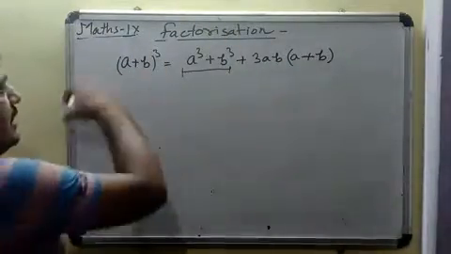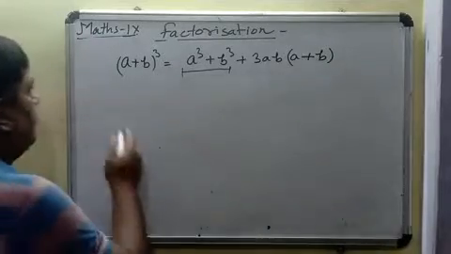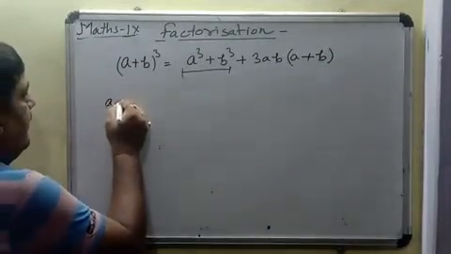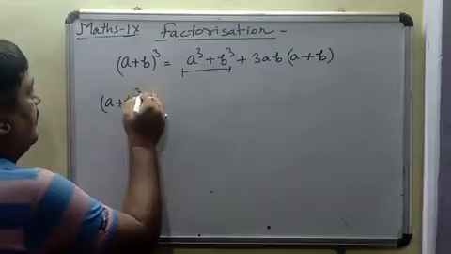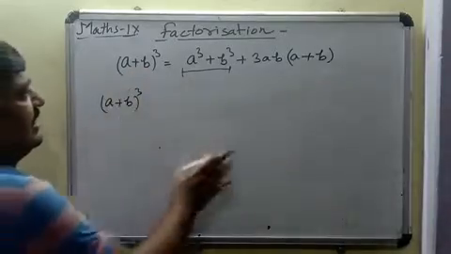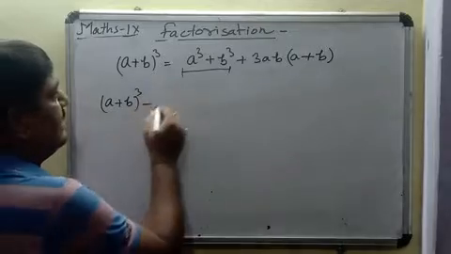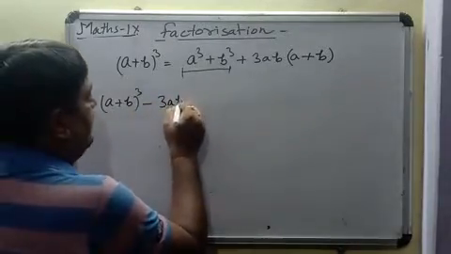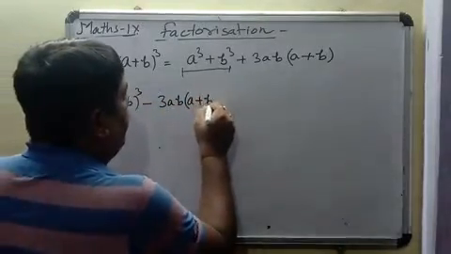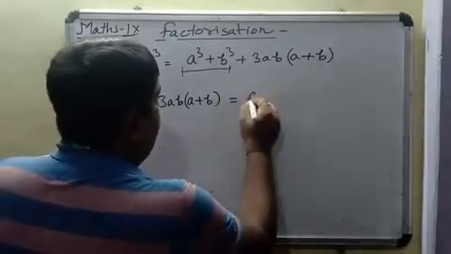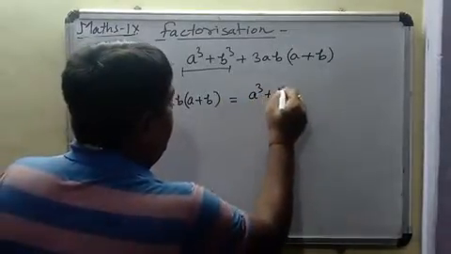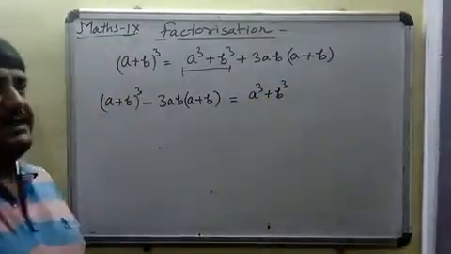It will come in the negative form. So it will become (a + b) whole cube here, which is already on the LHS, and this portion will come on to the LHS with a negative sign, 3ab in the bracket (a + b). And we have a cube plus b cube left on the right hand side.